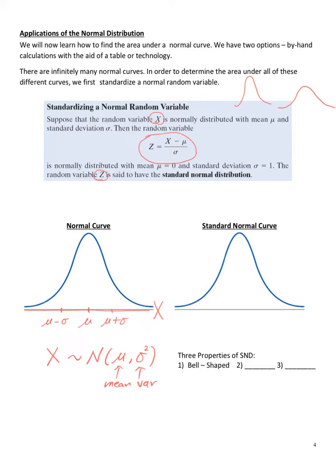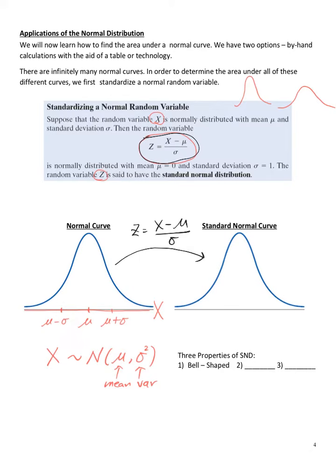Then we will use our z-score formula up here. The z-score takes any value on the normal distribution and standardizes it by subtracting the mean and dividing by the standard deviation.